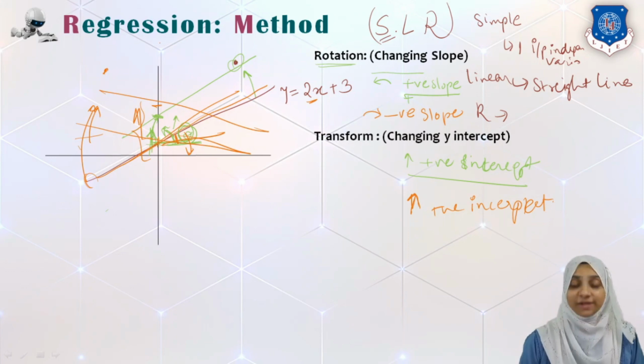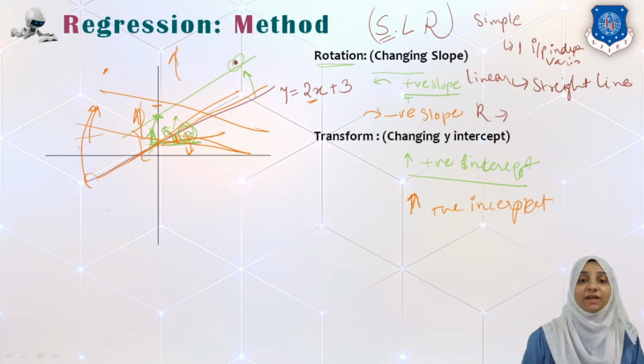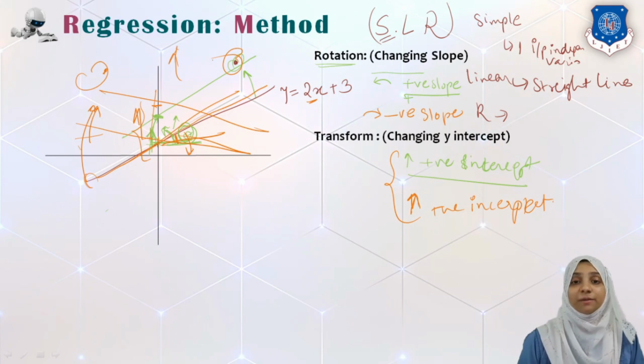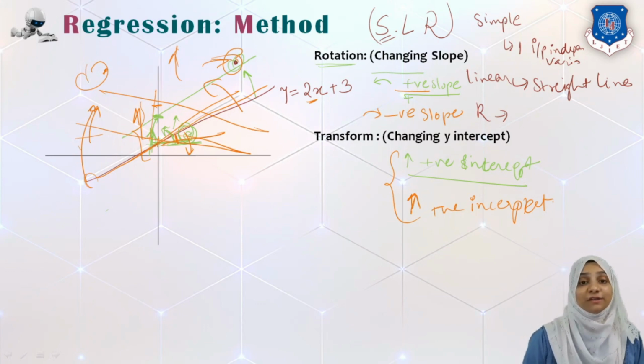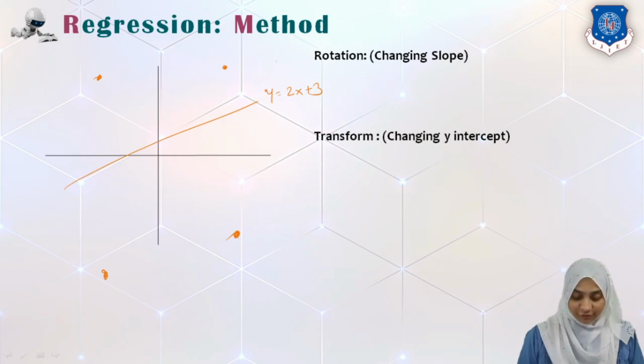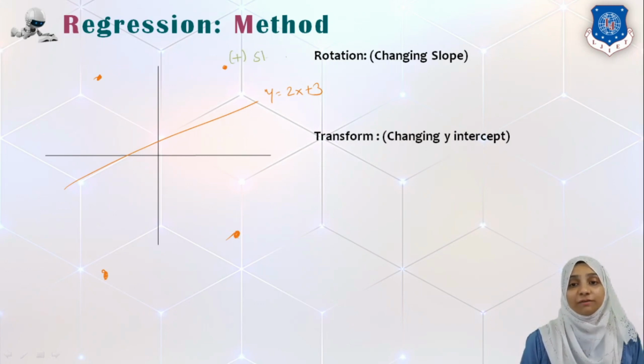So you have to see that if the point is above the line, we always have to increment the intercept, whether in this quadrant or in this quadrant. The y-intercept is going to increase. But if the point is in the first quadrant, we have to increase our slope, and if it is in the second quadrant, we have to decrement our slope. So as I said, if the point is in the first quadrant, we take a positive amount of slope.